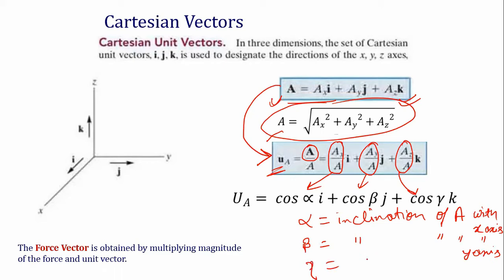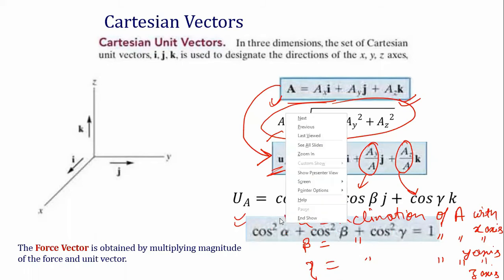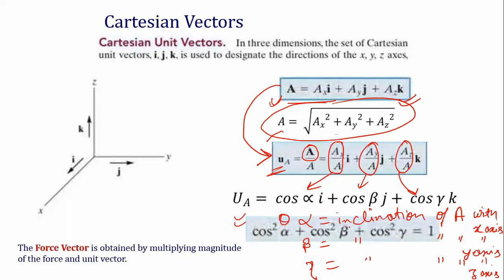Or if you are asked to find the inclination of force vector A with the z axis, then you can just answer the value of gamma, it will be correct. Now there is another formula, that is cos square alpha plus cos square beta plus cos square gamma is equal to 1. So suppose this alpha value is unknown and just two angles are given, that means beta and gamma are given, then you can directly apply this formula to find out alpha.